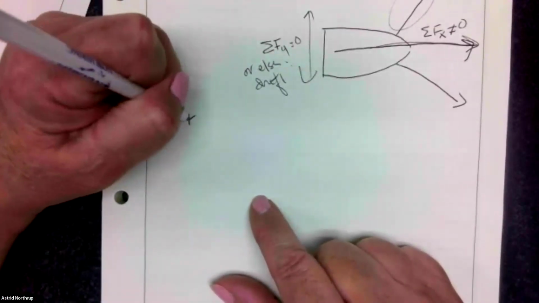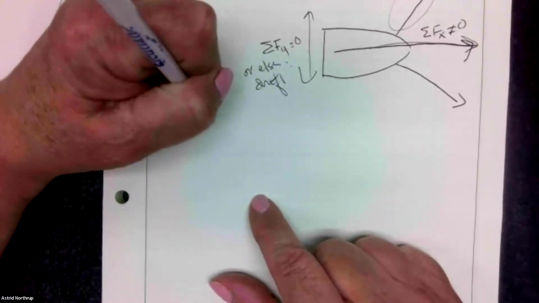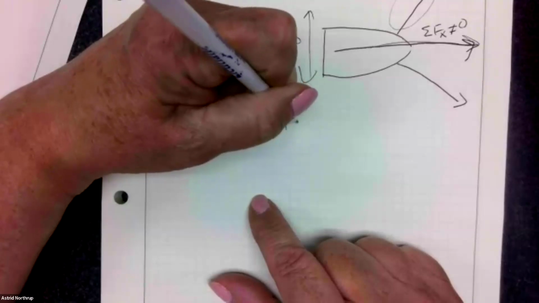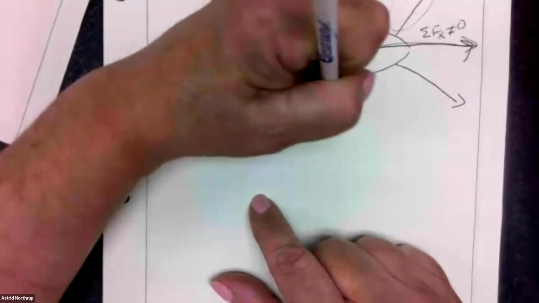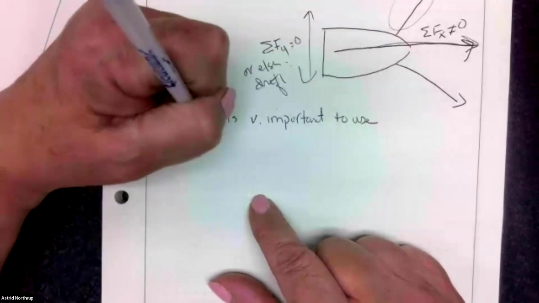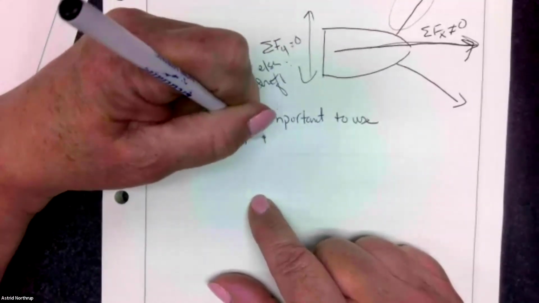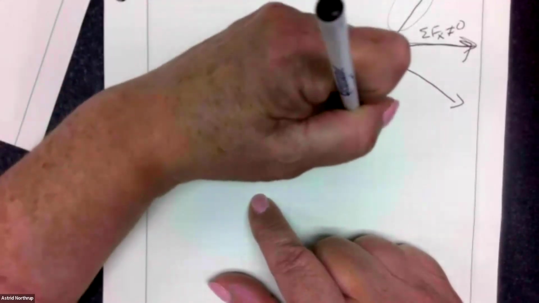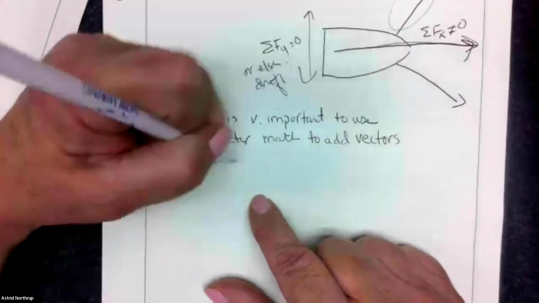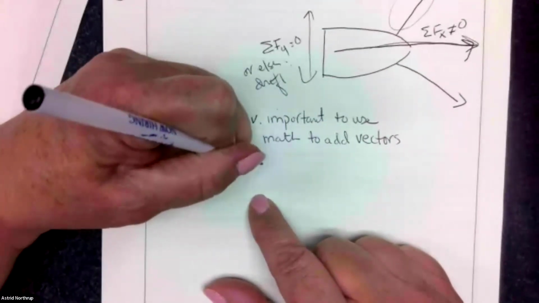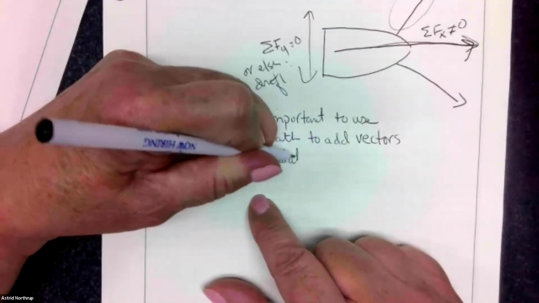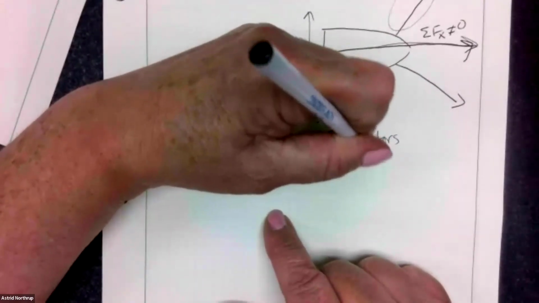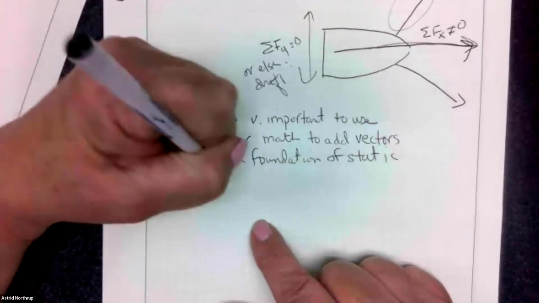But so today and in chapter 2, it is very important to use vector math to add vectors as a foundation of static analysis.